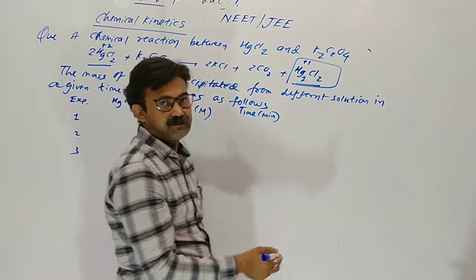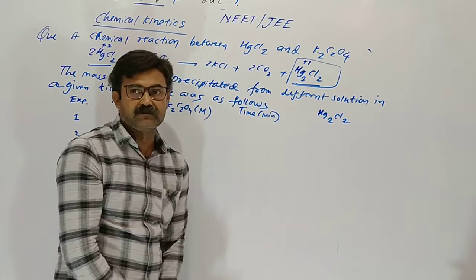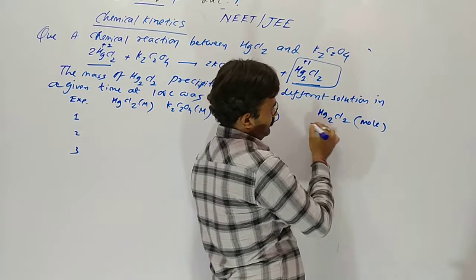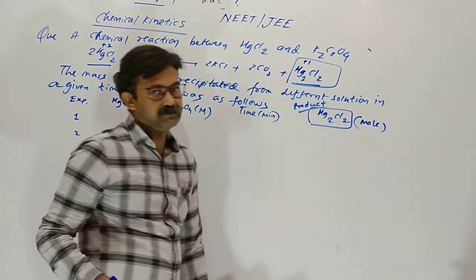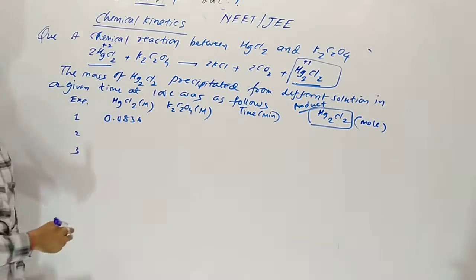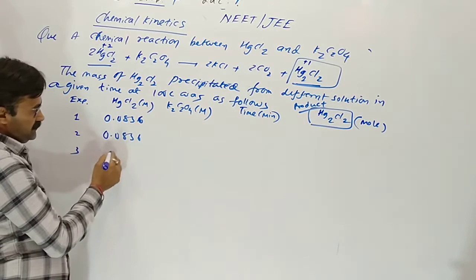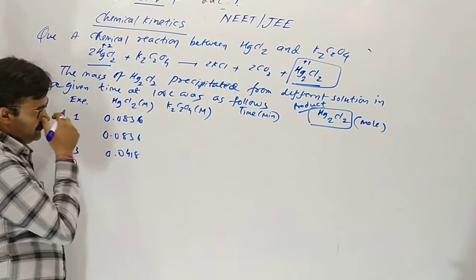And now the precipitated mole of product. So 0.0836, second 0.0836 and 0.0418 is taken.